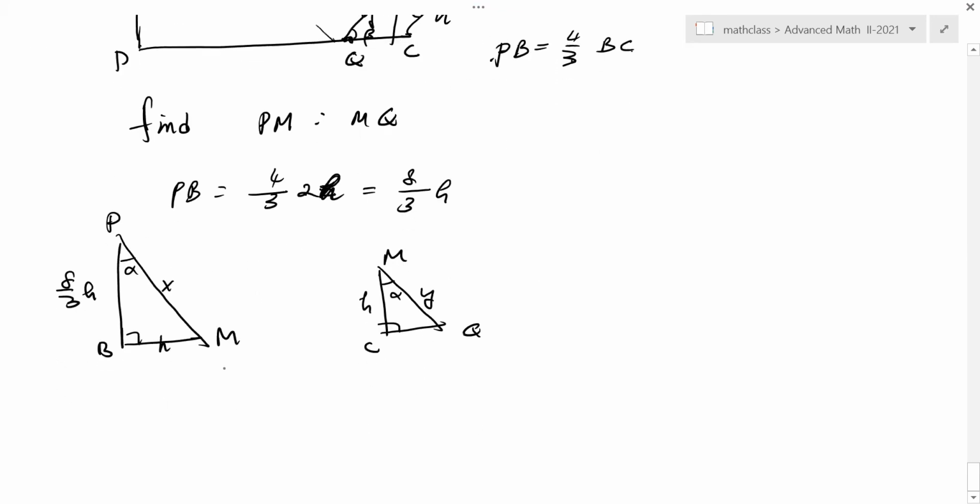So look at these two triangles. These two are similar. You find the similar triangles, then you write down the corresponding ratio. Yeah, you have to prove that those two triangles are similar.